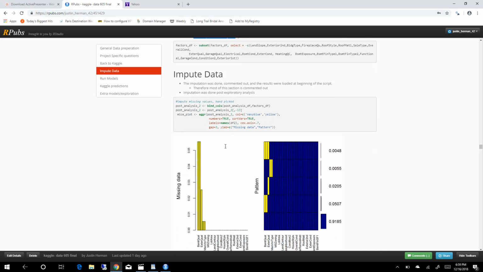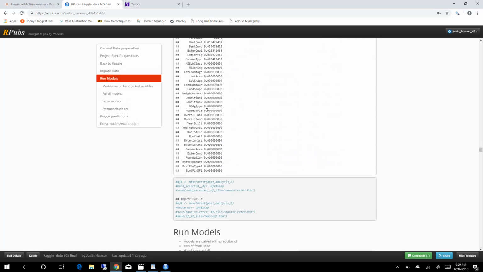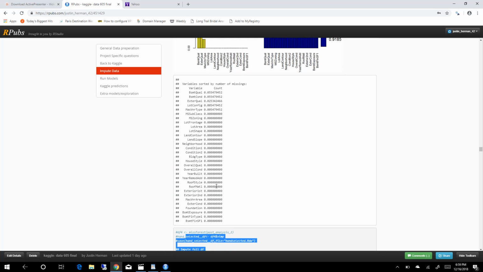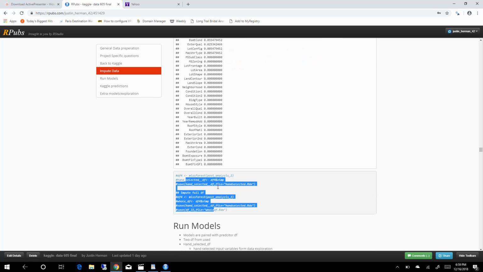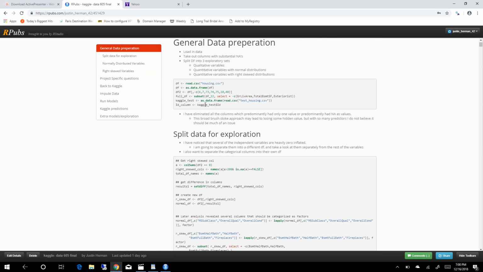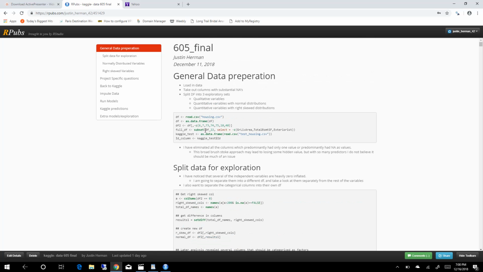Next, right before I get into modeling, I had to address the problem that there were several NAs in our data frame. So I imputed using, I think, a random forest, and I have that all commented out because obviously that takes a while to run. But I ran the random forest, I saved the files, and they're loaded at the beginning of our data set, right from the start.